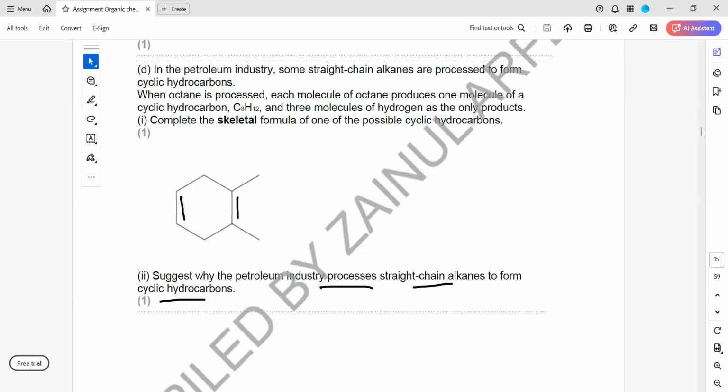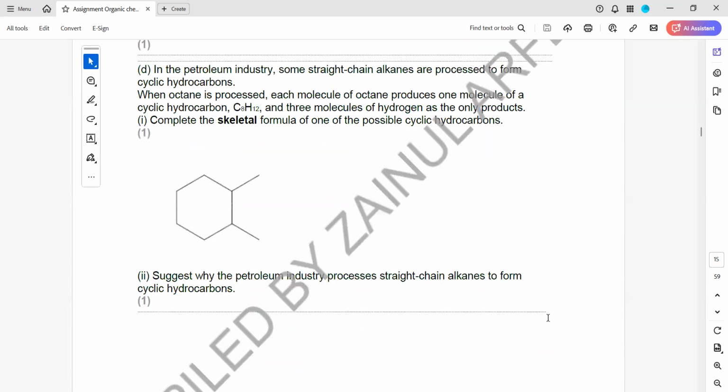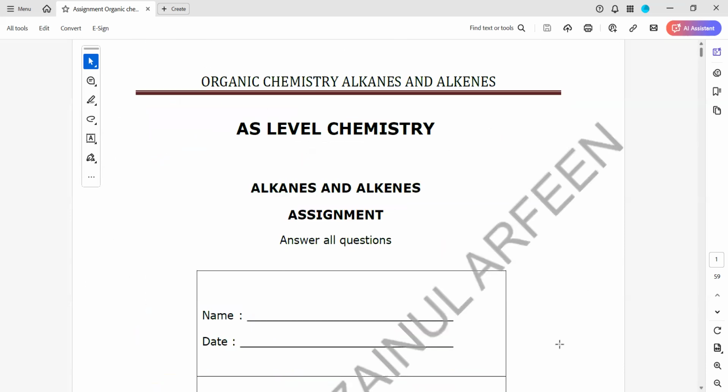It reduces knocking as well, the sound during combustion. Or you can say smooth burning, or burns easily. Or you can also say straight chains are more difficult to burn, that you can mention. So this was question 32 from the exercise on alkanes and alkenes.